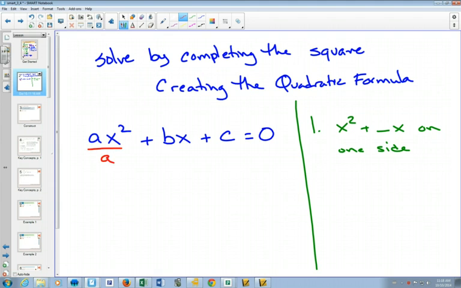So I divide this by a, and this by a. Then I would have x squared plus b over a x. Are you okay if I move the c over a to the other side? If I moved it over to the other side, it becomes negative c over a. Draw our spaces.